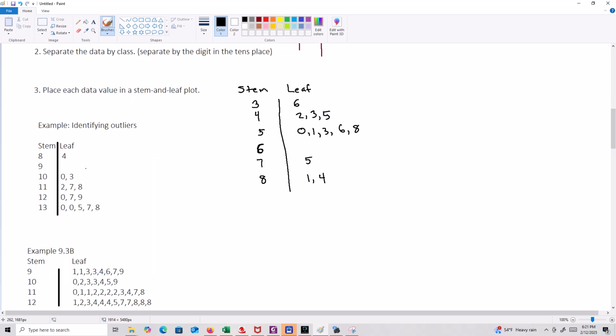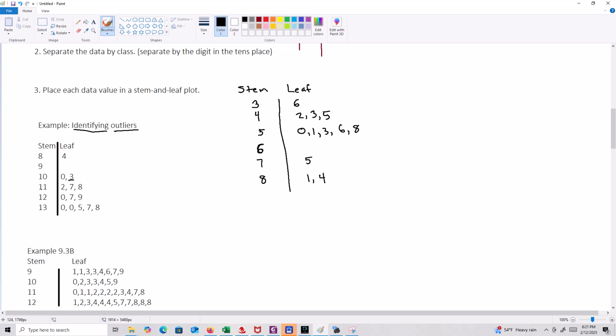This example is about identifying outliers. Remember, the outlier is the number that isn't the typical representation of our data. These numbers represent 10 and 13.